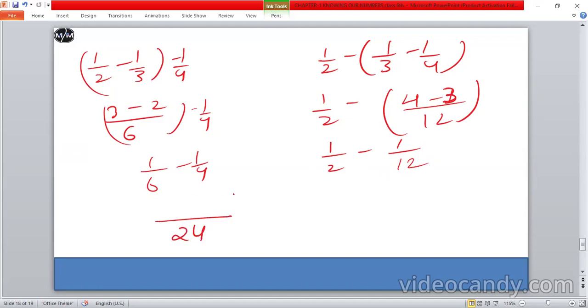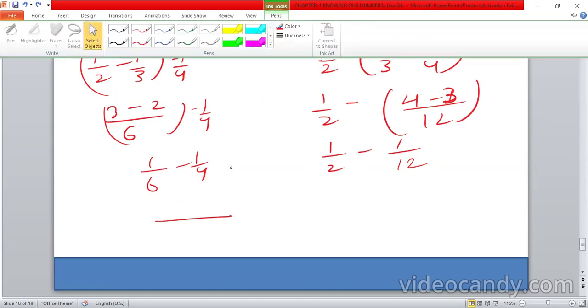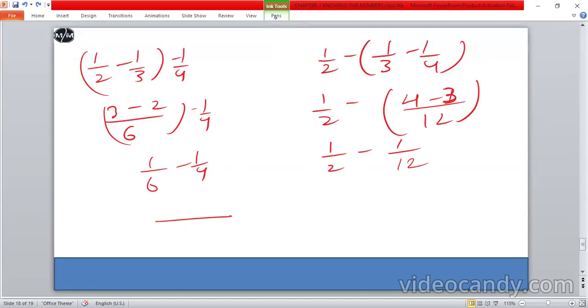We get minus 1 by 12 in the first and 5 by 12 in the second.